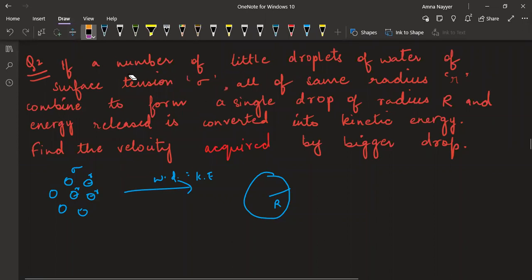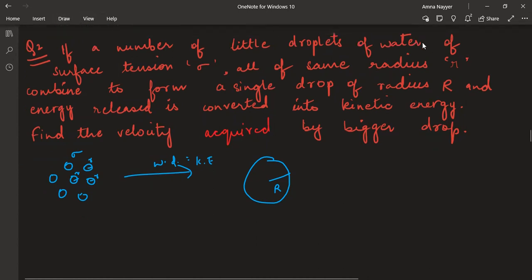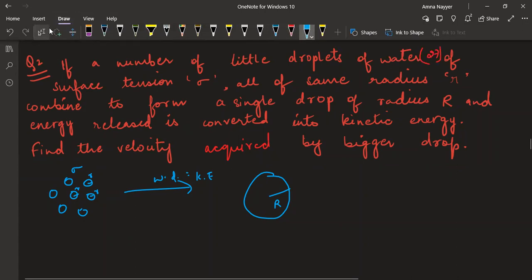If a number of little droplets of water, make this number 27. Take it as 27. Then your answer will become easy.